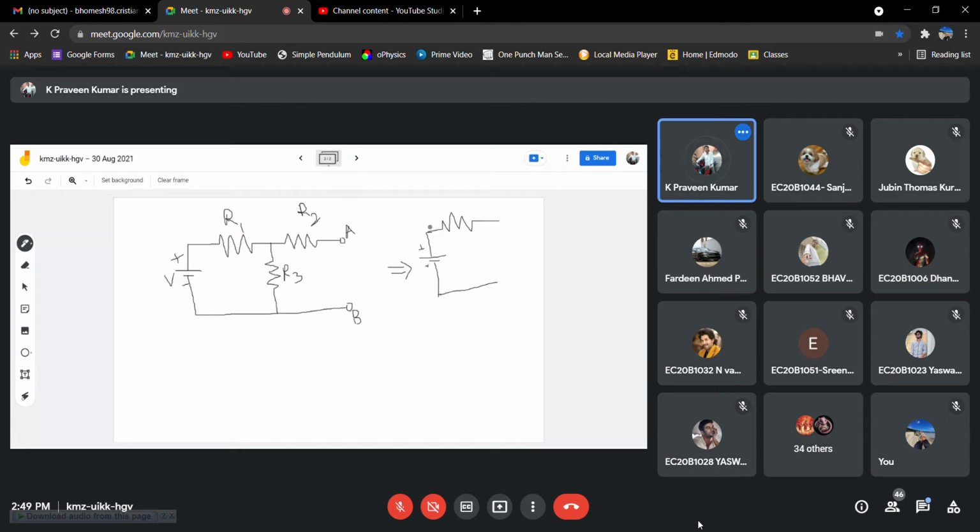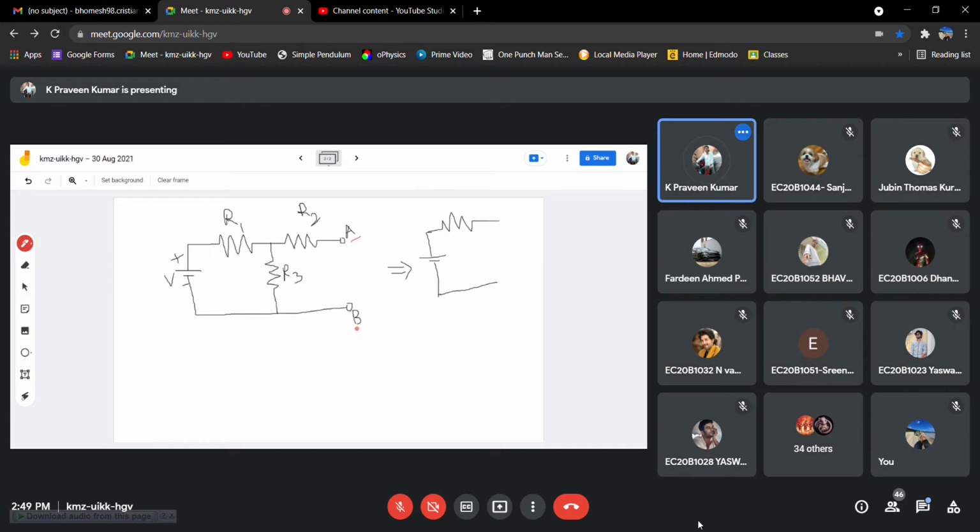Okay. Then what about the magnitude of this resistance and the voltage? How to calculate that? So what is this value? Let us consider this example, this network.